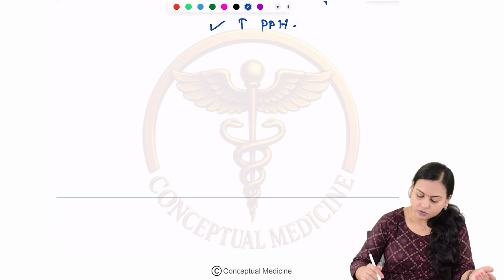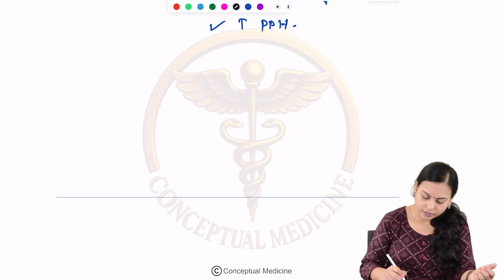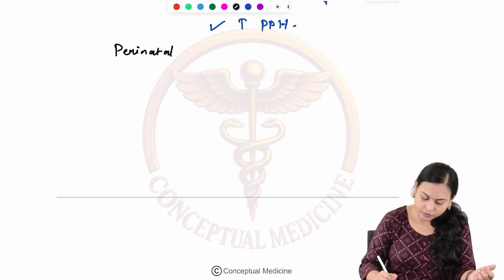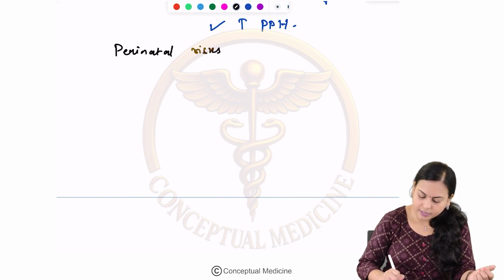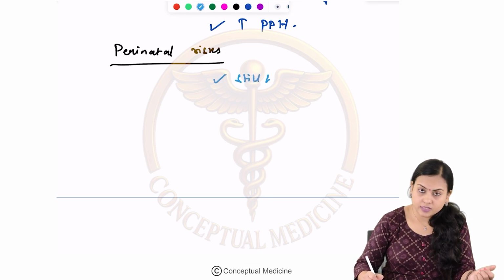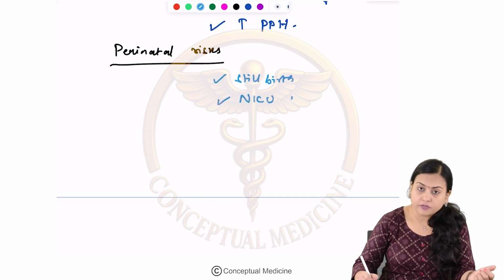Okay. So, how does the baby proceed after birth? So, the prognosis after birth, that is the perinatal risks, include risks of stillbirth being increased, and there can be need of NICU admission.